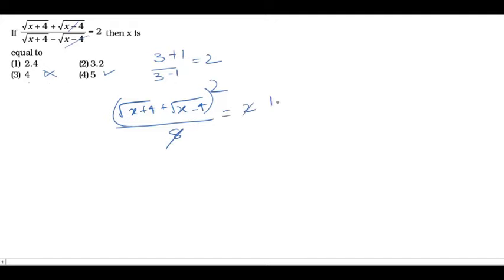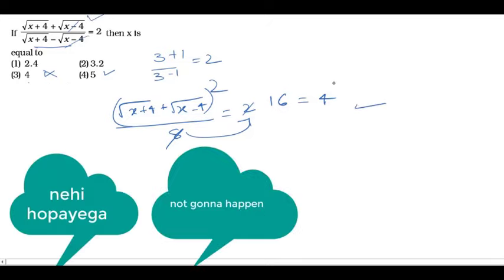So this will become 16 when 8 goes here. Then root of 16 is 4. So we got this plus this as 4. Now again you will be rationalizing this and finding the denominator part similarly by rationalizing the numerator, and then you can solve it. It's a difficult method and it's not advisable to use this method.